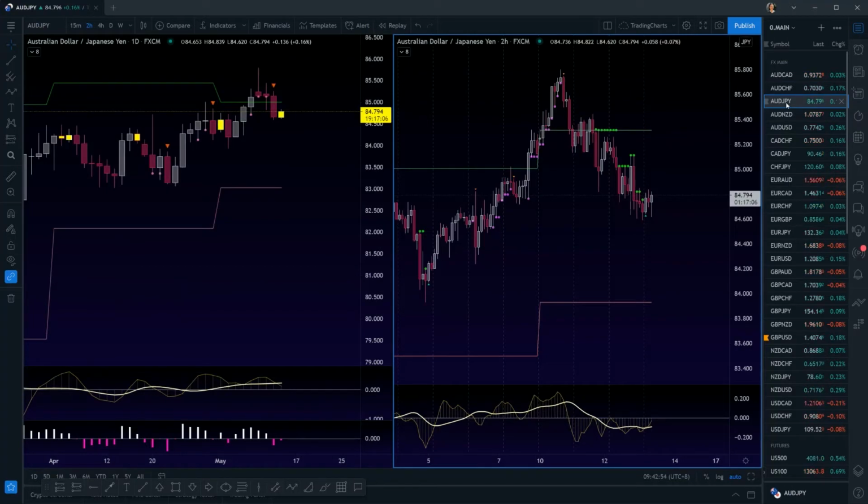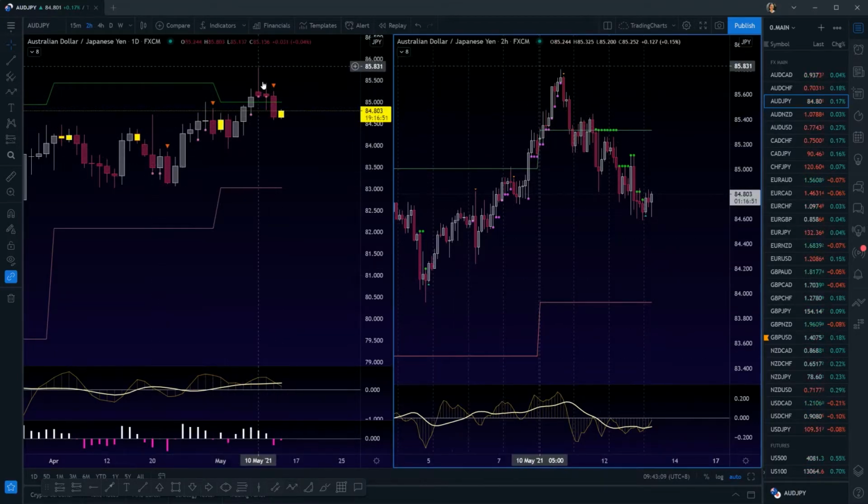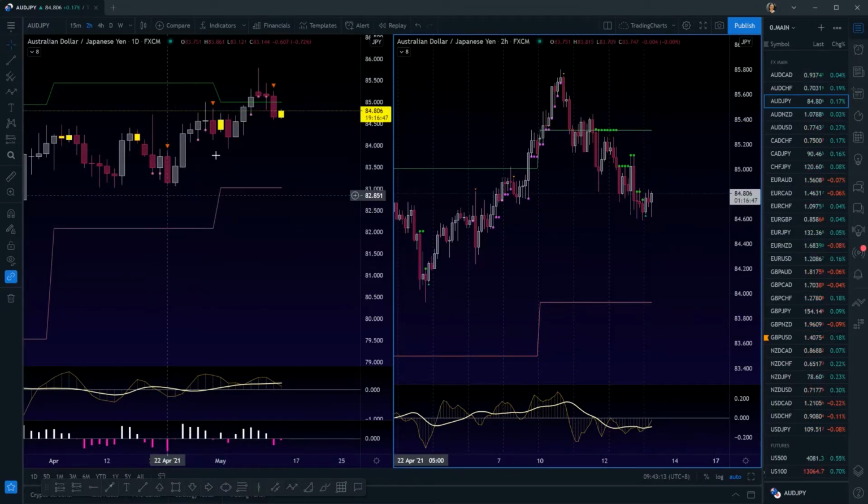Let's go Aussie dollar yen. We've got the sell trigger on the daily charts. Let's see what's up on the lower time frame. I like this upwards, rejected, coming back down. On the daily chart, it's still an uptrend.